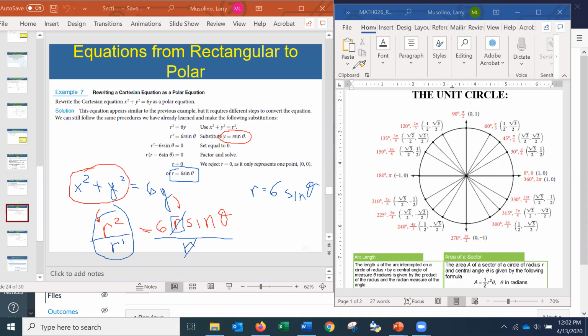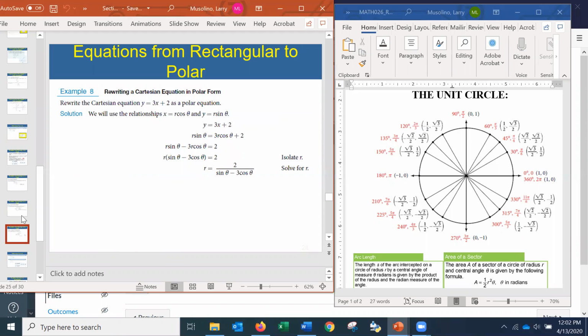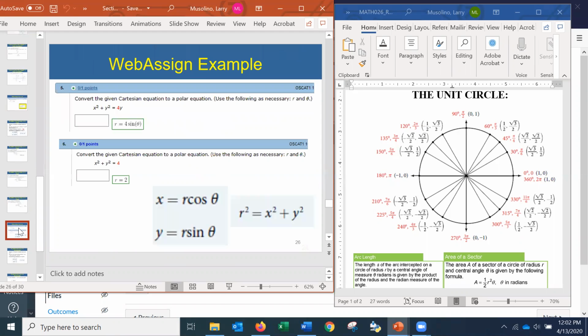All right, maybe we could do a WebAssign example. And you might say, why do you want to do this? What's the point of this? Well, in many cases, when you're doing some analysis, let's say, for example, in calculus, you might be finding things called derivatives or integrals.